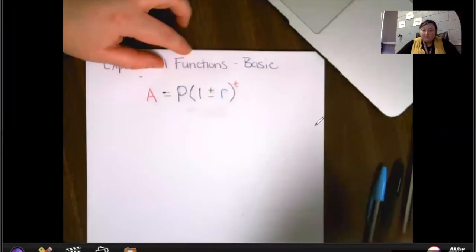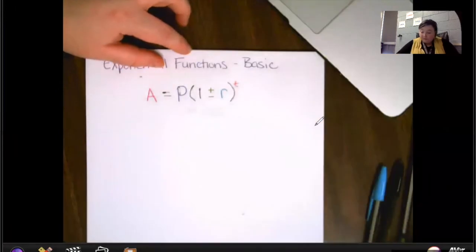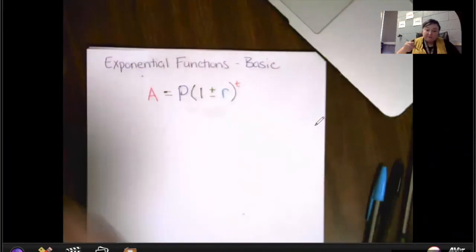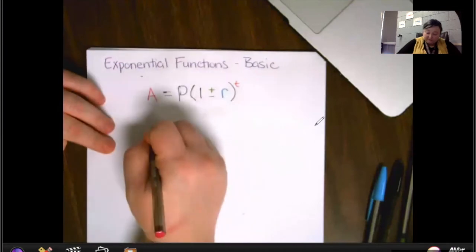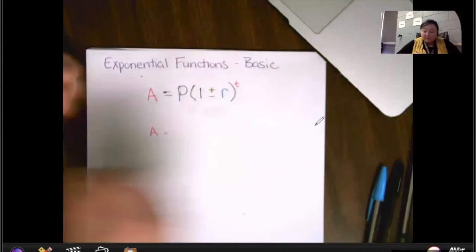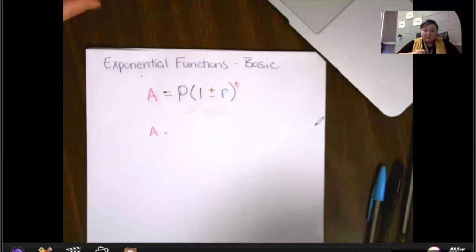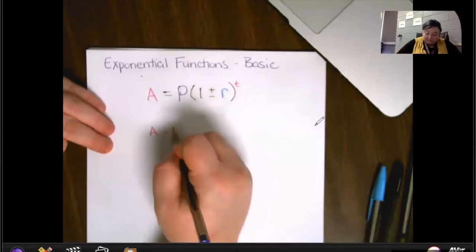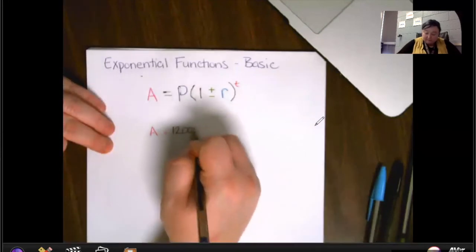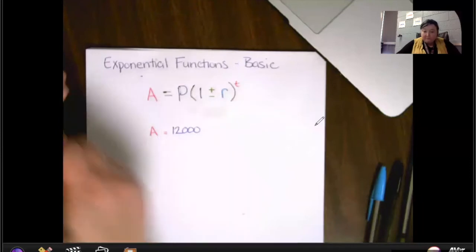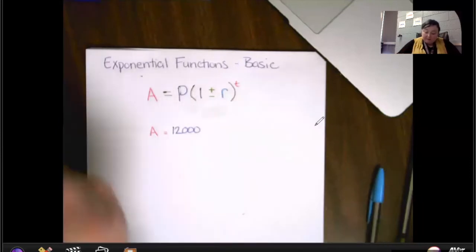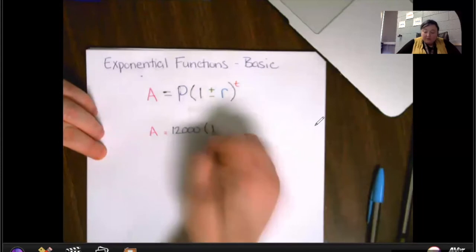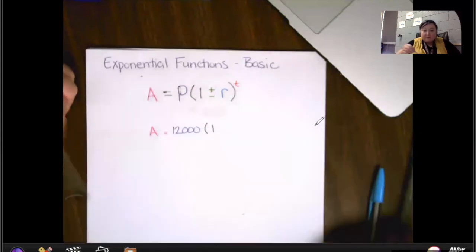Again, we are looking for the final amount. We don't have that. Our principal, if you'll remember, was 12,000. Then 1, and we're going to do plus because it grows.